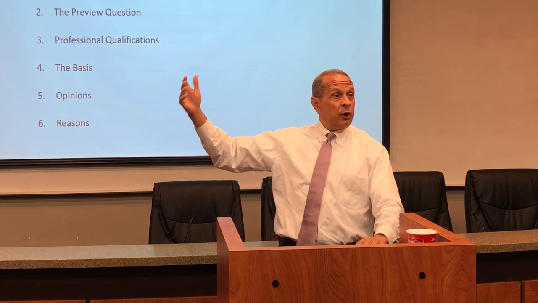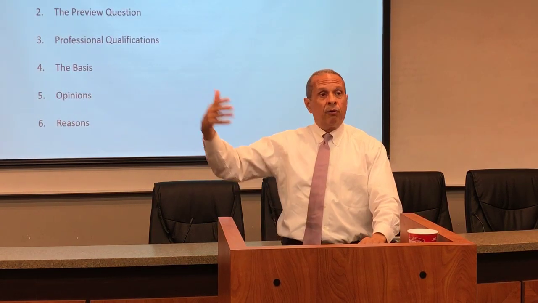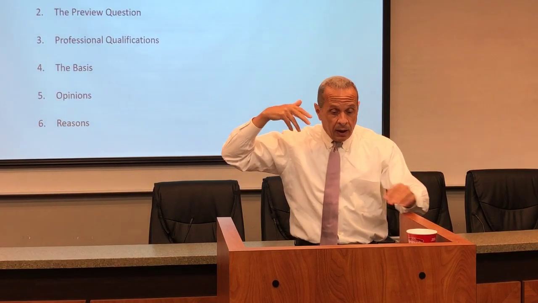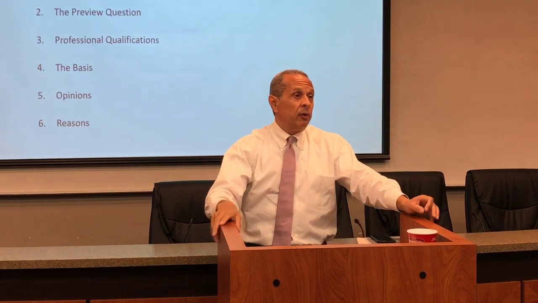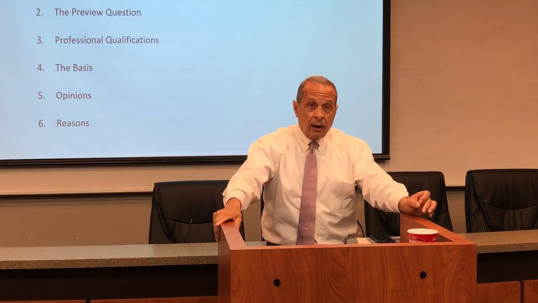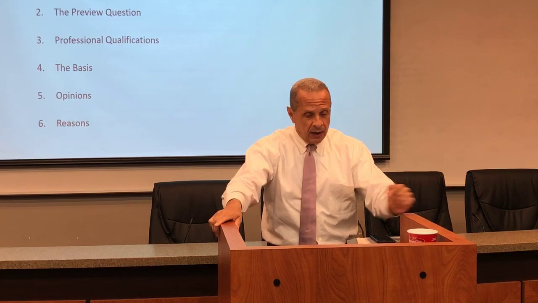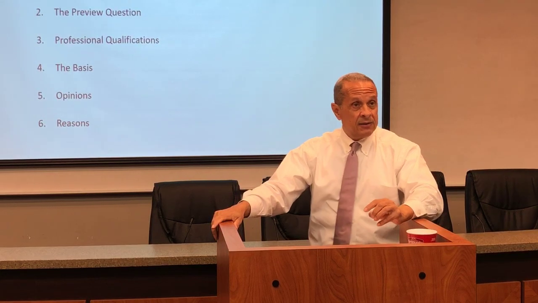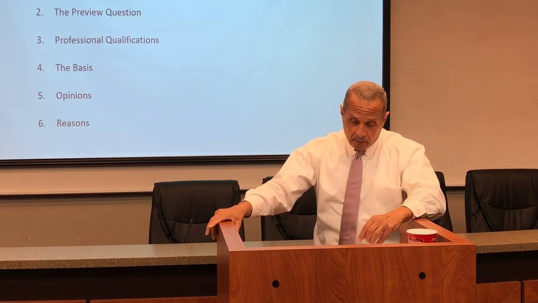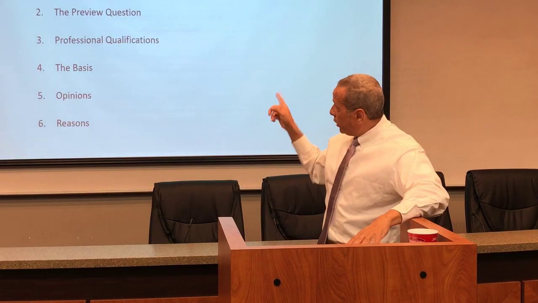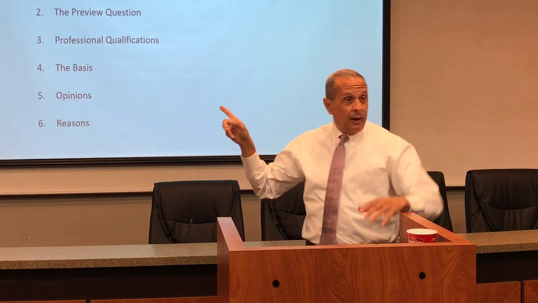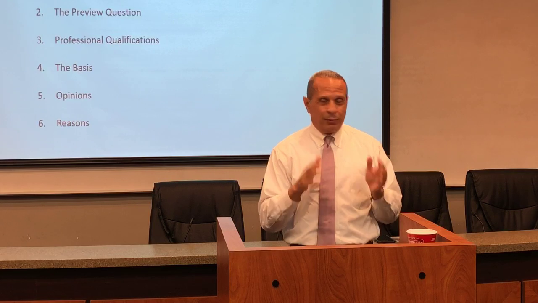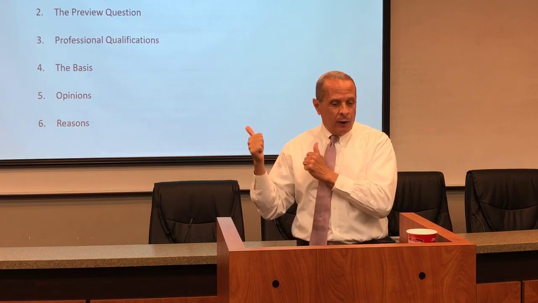It also is going to, if you do it well, preempt an objection from the other side. And most importantly, it's going to build the expert's credibility as someone who's fully qualified to attest to the issues in the case, right? So, during that block, I know you want to get to the heart of what was your conclusion, but you got to do this and you got to do it well.